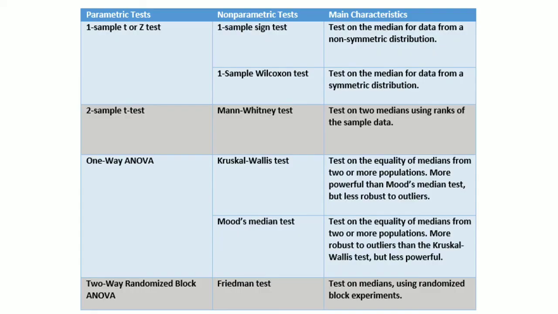So we have here some samples of parametric tests and non-parametric tests. Parametric tests, we have one sample T or Z-test, two sample T-test, one-way ANOVA, two-way randomized block ANOVA. They have corresponding non-parametric tests. Which is better, parametric or non-parametric test? If you want powerful results or a higher degree of accuracy, then you use parametric tests.